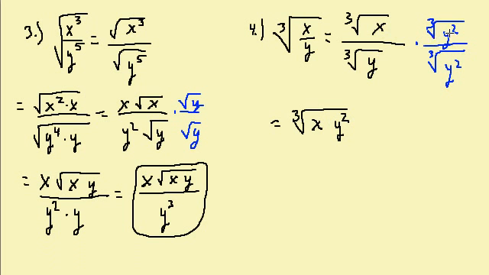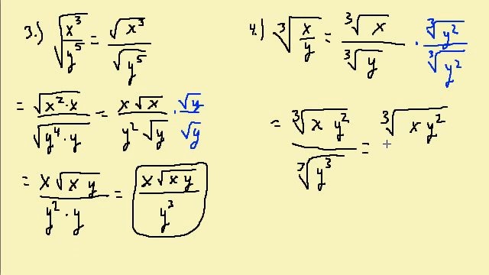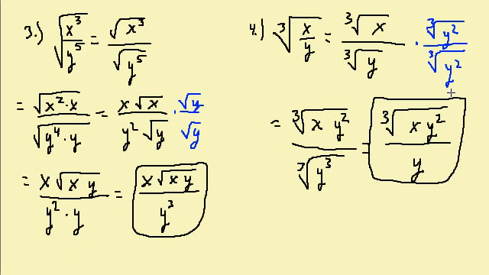See, x times y squared is xy squared over, and then y times y squared is y cubed, and that's the cube root of that. Okay, so now I have the cube root of x y squared over, and then the cube root of y cubed is just y. And there's my answer.